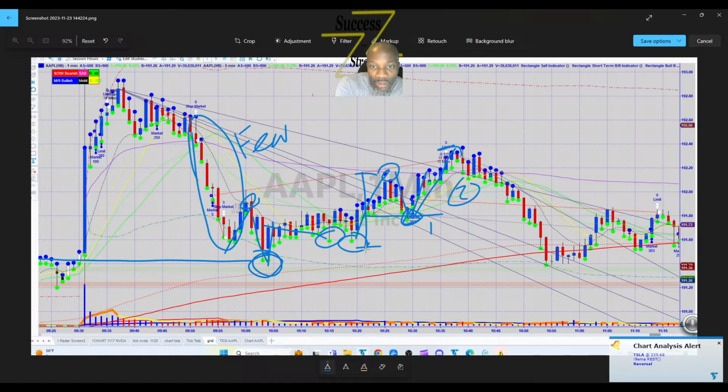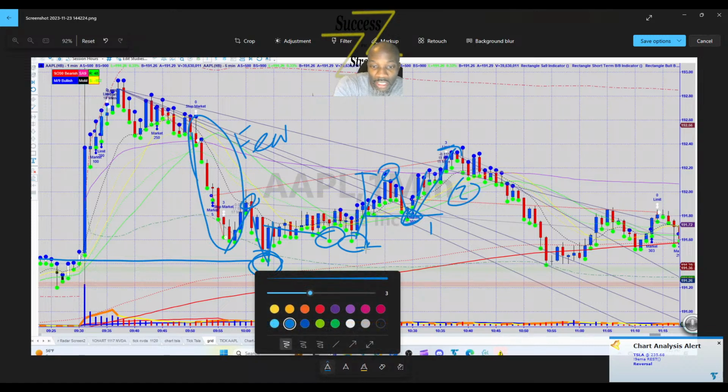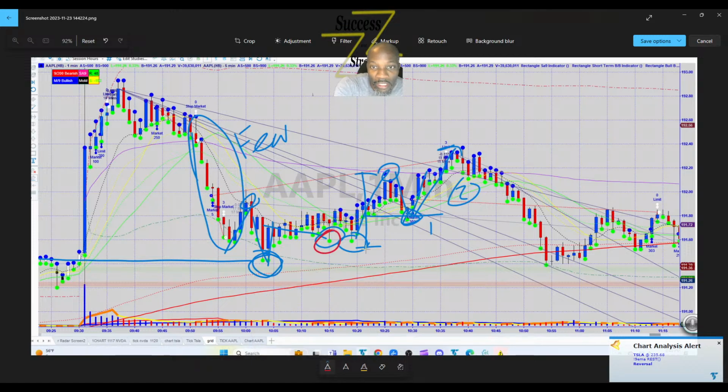That's what we're looking for. And even if we consider this to be the initial level here, once it moved up, it still came back down to about that 50% mark. You want to buy there and then go up.